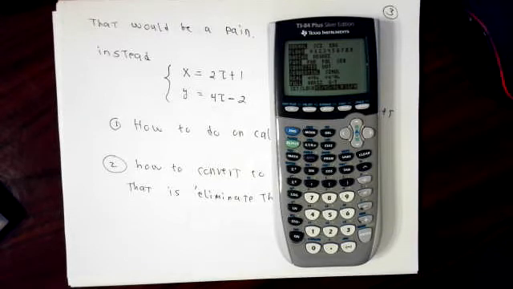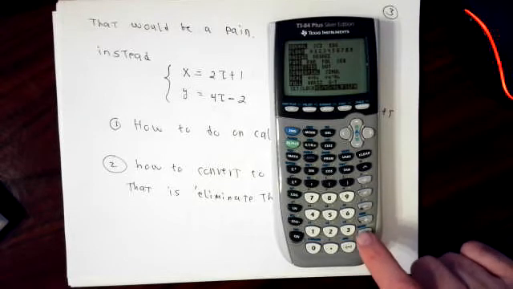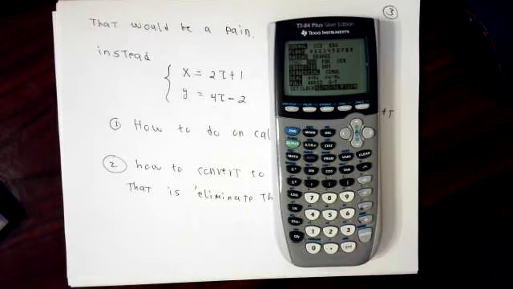PAR is short for parametric. To activate that, I'll press the enter key. Moving the cursor out of the way, you can see that FUNC is no longer highlighted, but PAR is. When I go to my Y equals menu, it's going to look different than it used to.